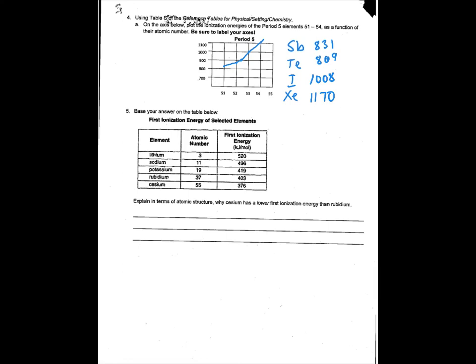This is a repeat of number 30, so you could go back there and check out the explanation. But cesium has more electron shells, which leads into further distance from the nucleus.